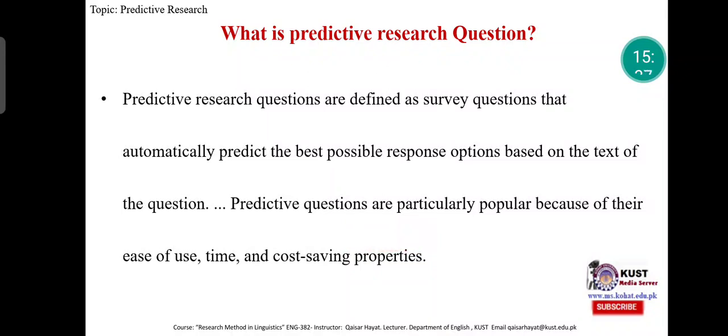Dear learner, especially in this type of predictive research, questions can be defined as survey questions that automatically give you an opportunity to predict the best possible response option based on the text of the questions.